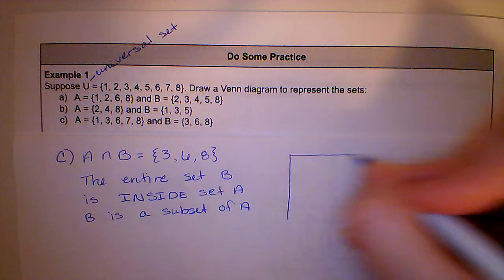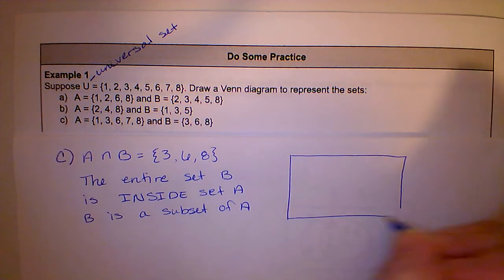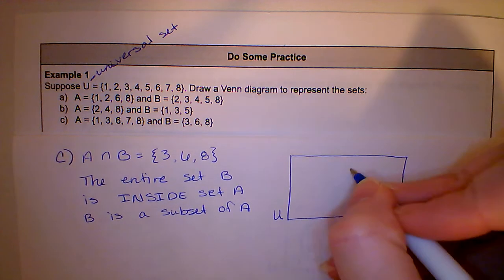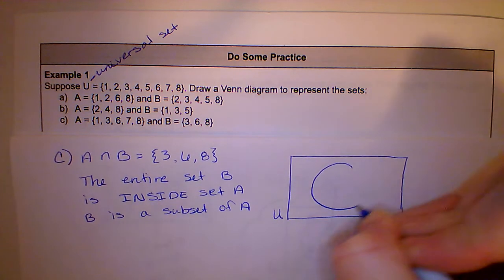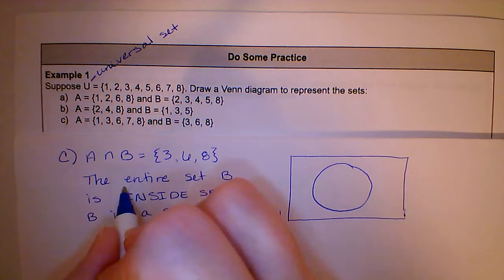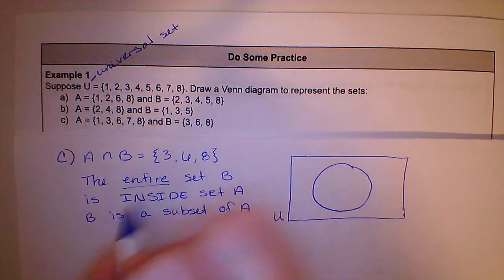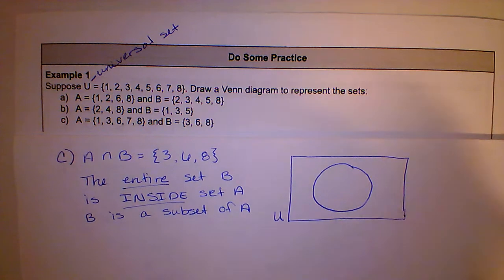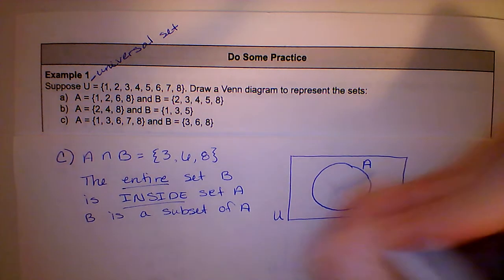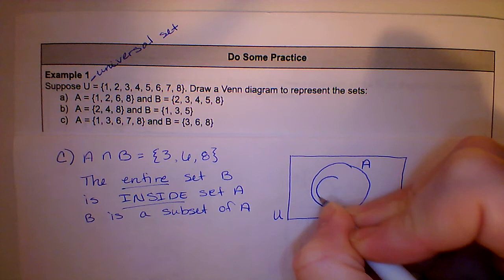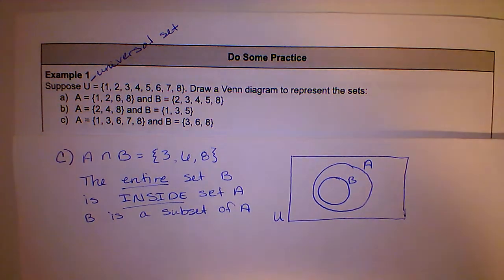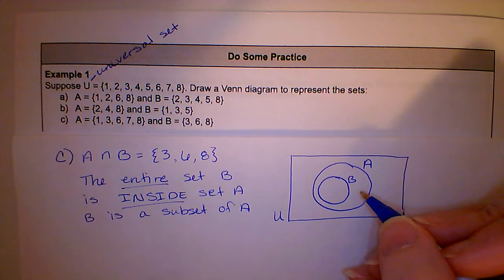So I'm going to have my rectangle for the outside for my universe. Here's my universe. Now I'm going to have set A, but remember, what did we say about set B? The entire set B is inside of set A. So actually, if this is A, set B is going to be entirely inside of set A.